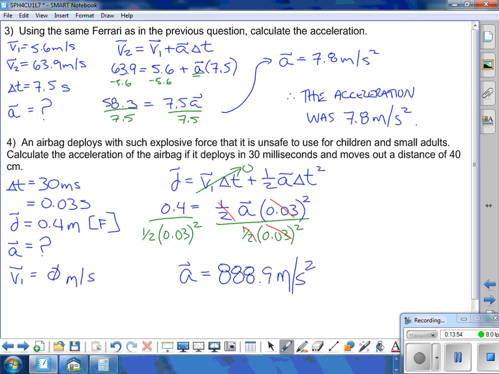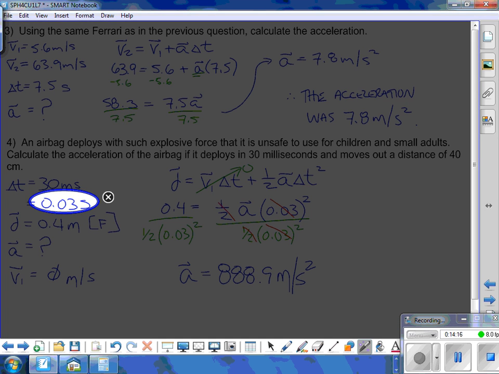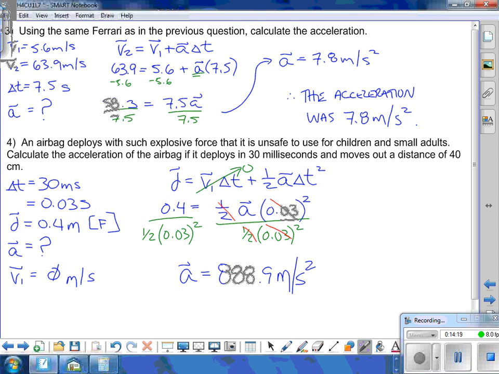So that's very explosive. That's acceleration. That's not velocity. So that means if the explosion lasted 1 second, the airbag would be traveling at 890 meters per second, which is well over 1,000 kilometers an hour. But that's why the actual explosion only lasts 0.03 seconds, a very, very small time. But it has to get out.